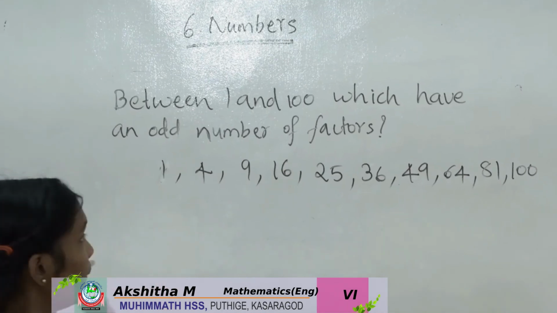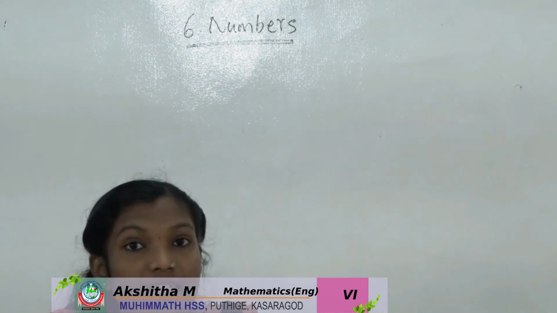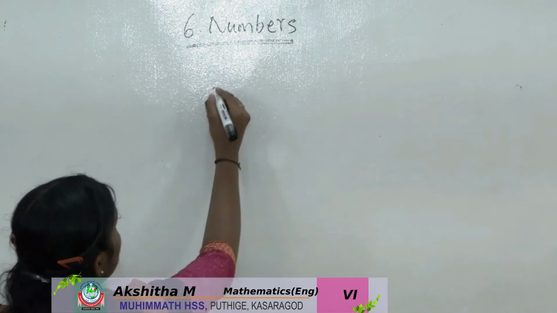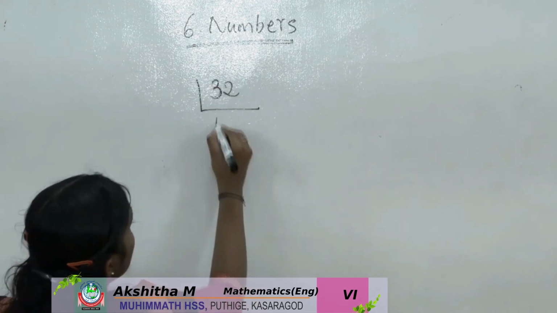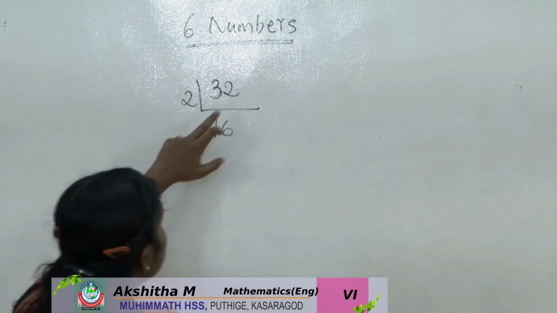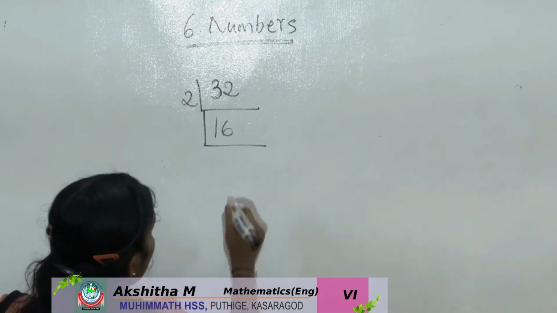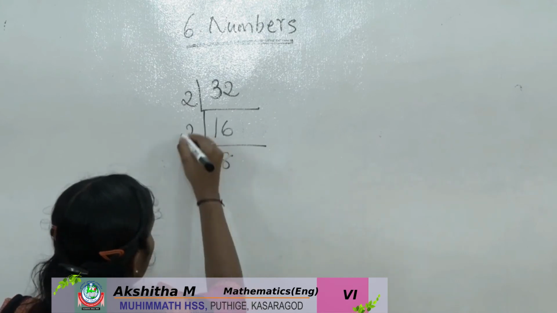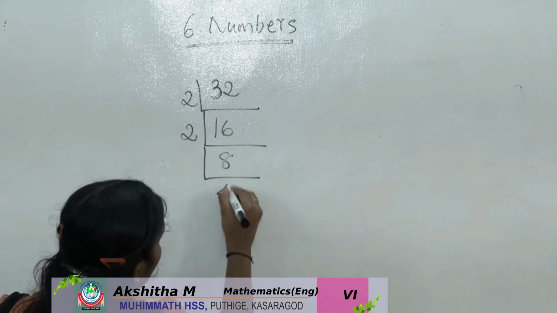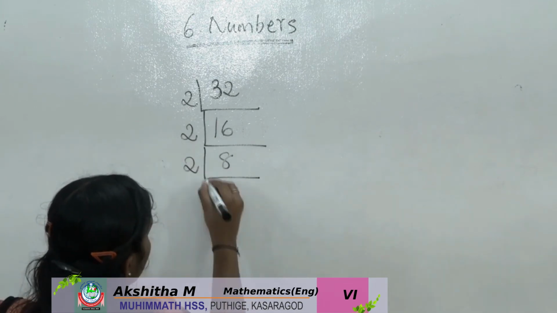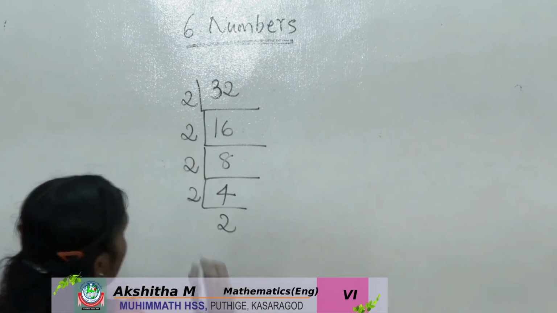Is it clear? Let us see the factors of 32. 16 twos are 32, 8 twos are 16, 4 twos are 8, 2 twos are 4.